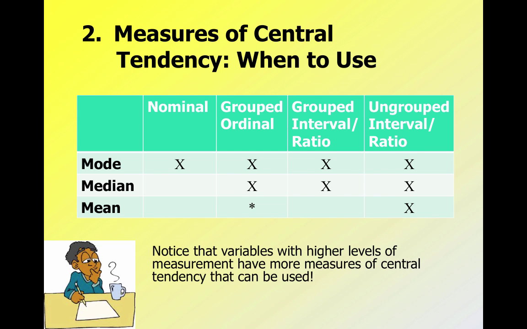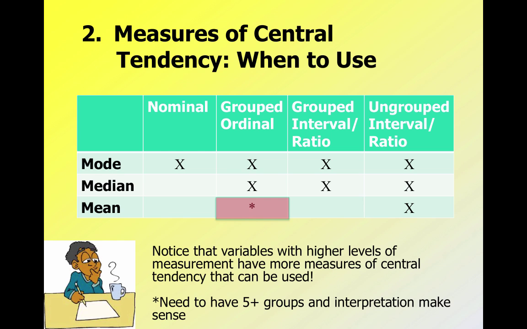So notice again that as our levels of measurement increase in terms of hierarchy, we can use more measures of central tendency. But I want to bring the point back to this asterisk here. When we have grouped ordinal variables, we can calculate a mean, and this is a very controversial statement that I'm making here. But in my class, it would be appropriate for you to calculate a mean for a grouped ordinal variable if that particular variable has 5 or more responses, or 5 or more groups in the possible responses, and if we can make sense of that mean.